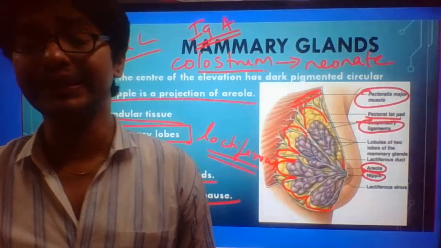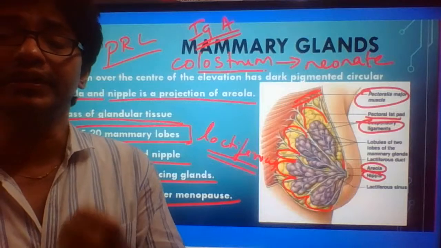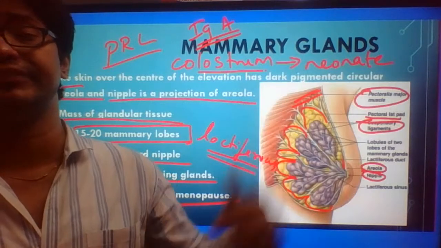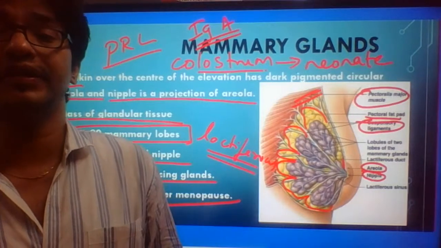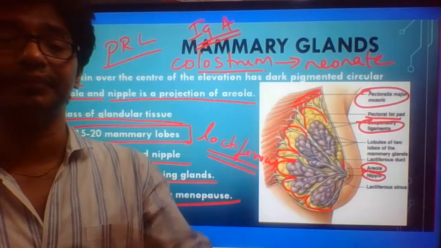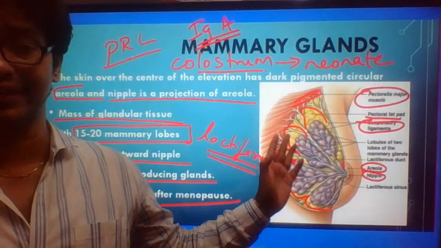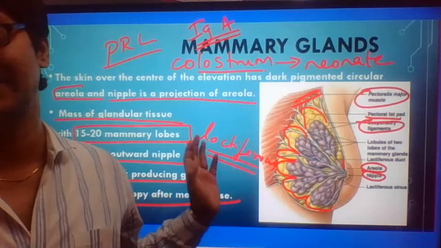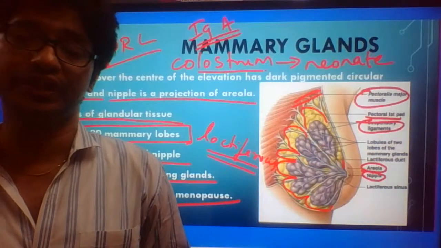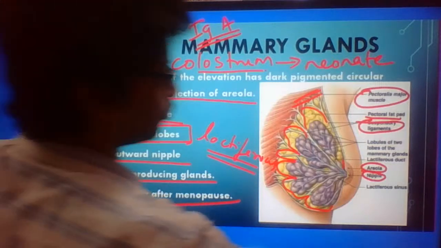When the neonate, the child, sucks the mother's nipples, the impulses which are generated pass inside and activate the pituitary gland through the hypothalamus. The pituitary gland then secretes the prolactin hormone, and this again activates the lactiferous glands. Then the milk will be ejected out through the nipple, and the baby can be fed. Okay, so this is how the mammary gland works.